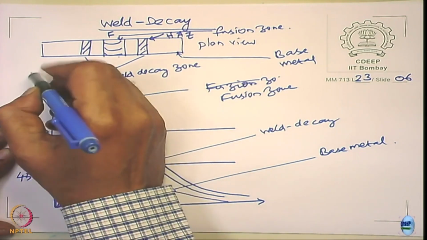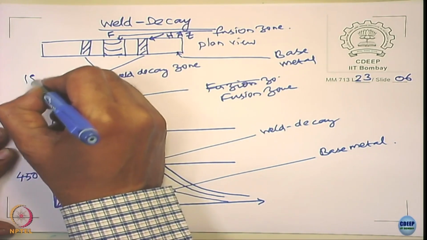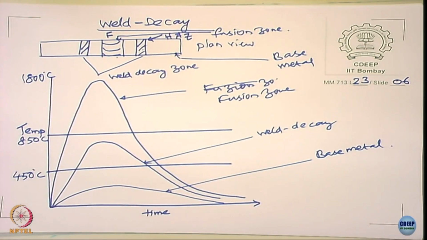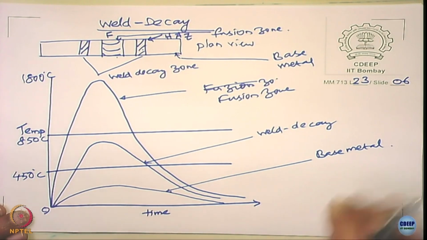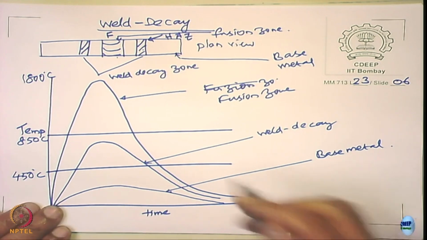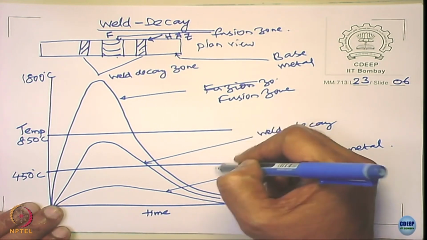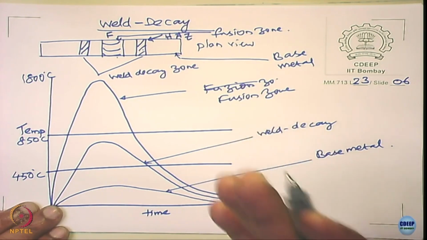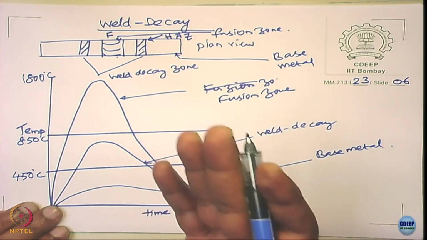So between these two temperatures, the alloy will form chromium carbide, provided what?